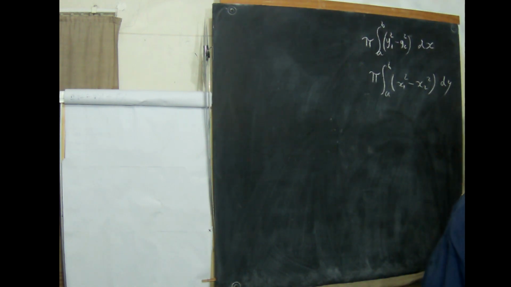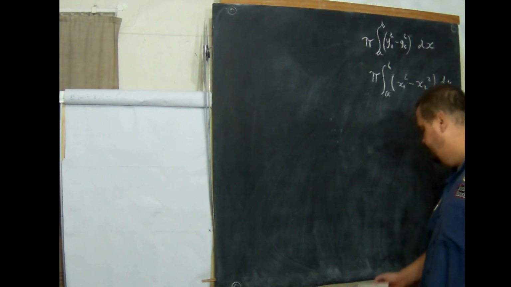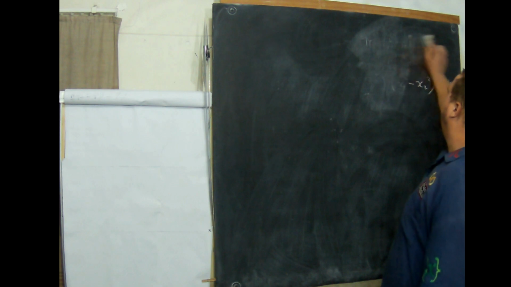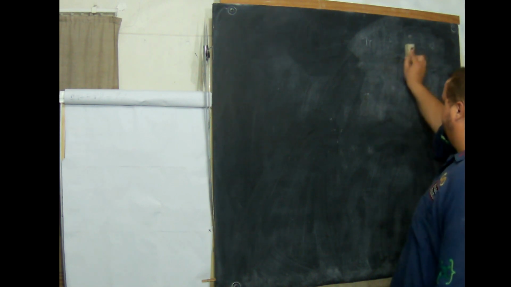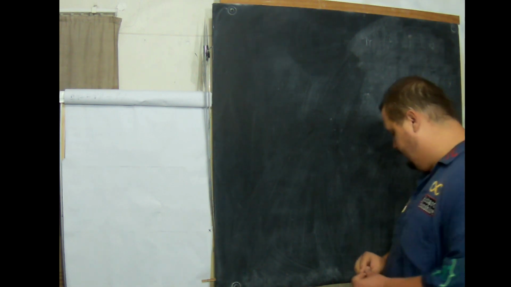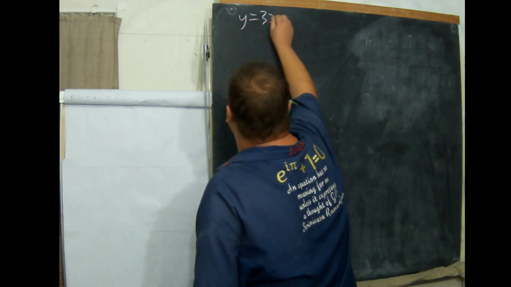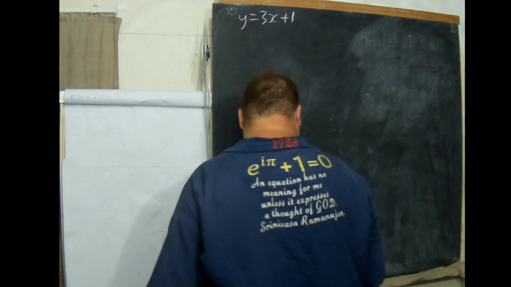So, what our first sum looks like: y is equal to 3x plus 1.